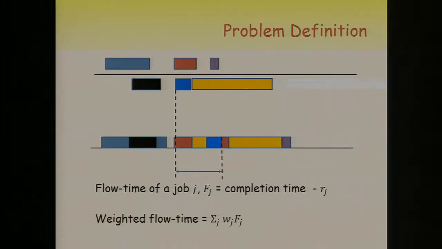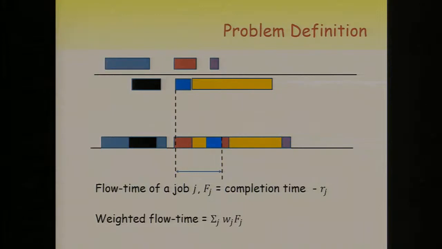So what are we interested in? We are interested in what is called the flow time of a job. The flow time of a job is essentially the amount of time it spends in the system. Think of this red job arriving at this time and finishing at this point of time.